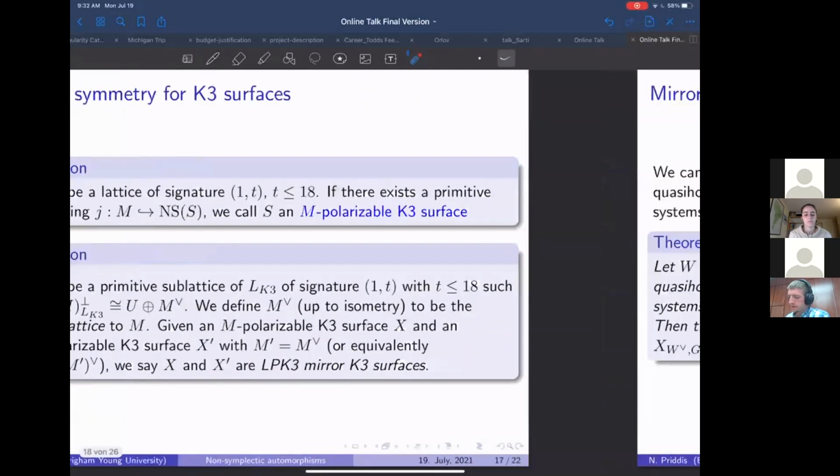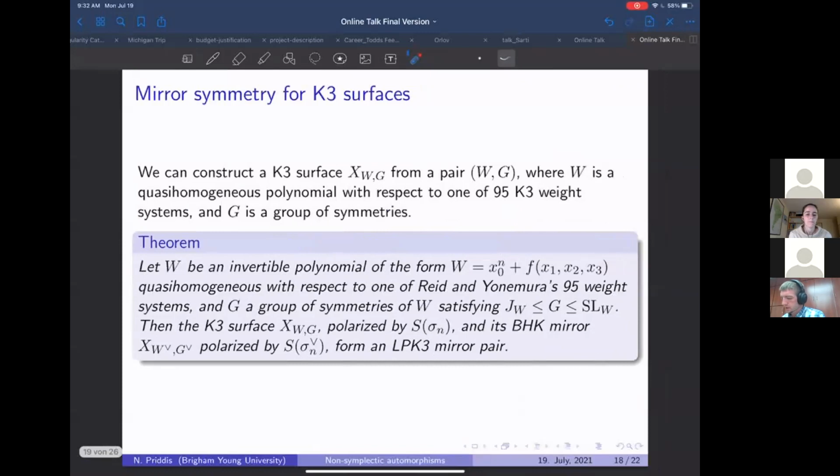And so where does the invariant lattice come in? Well, for certain K3 surfaces, there's another way to talk about mirror symmetry. You start with what's called a quasi-homogeneous polynomial; there's a famous list of 95 weight systems, so that you get a hypersurface in weighted projective space with respect to that weight system.